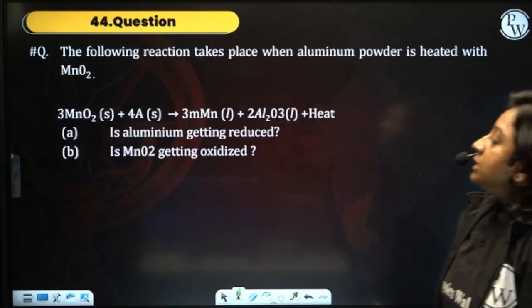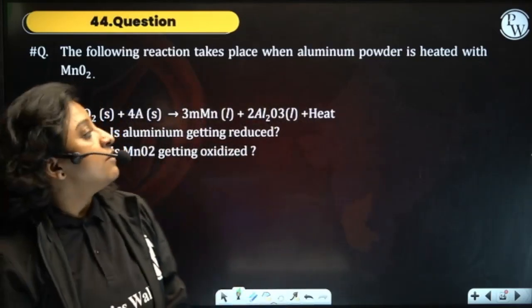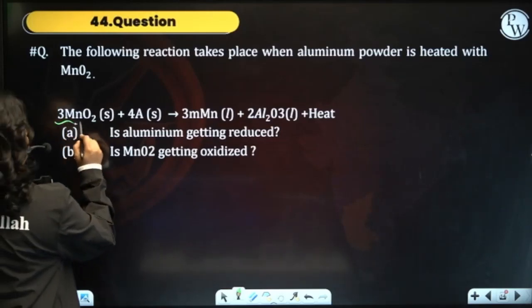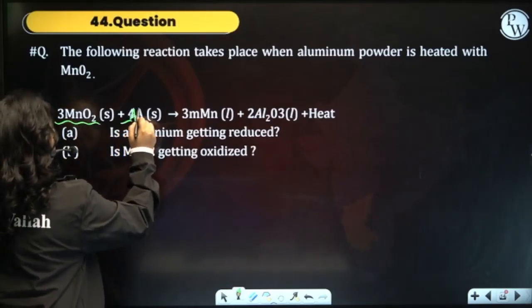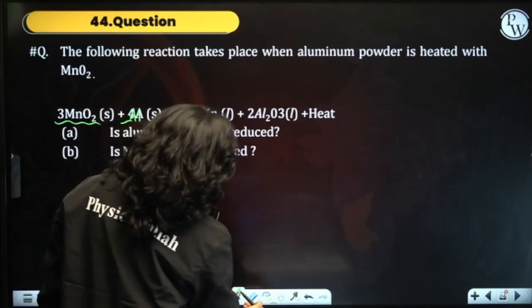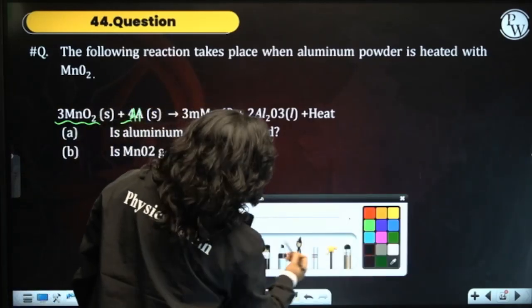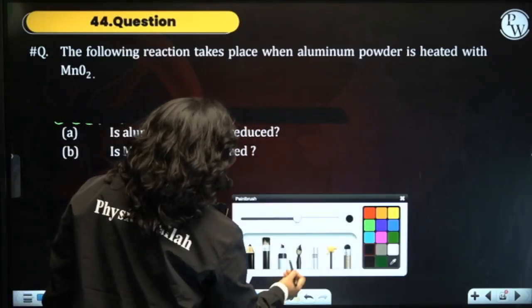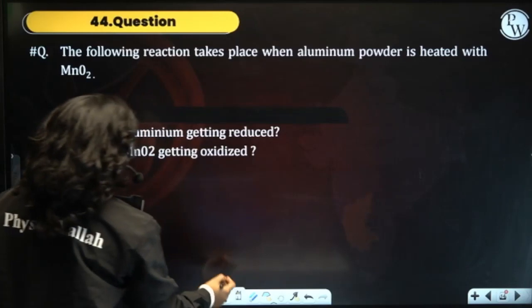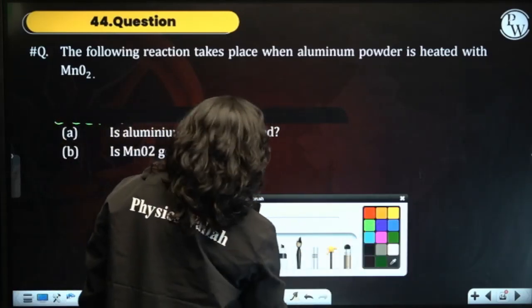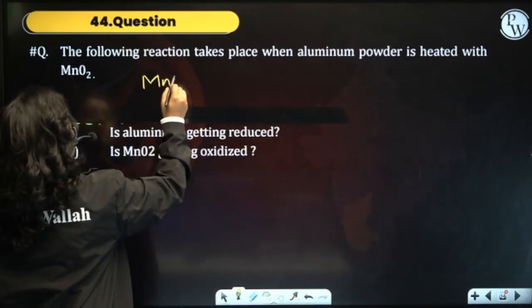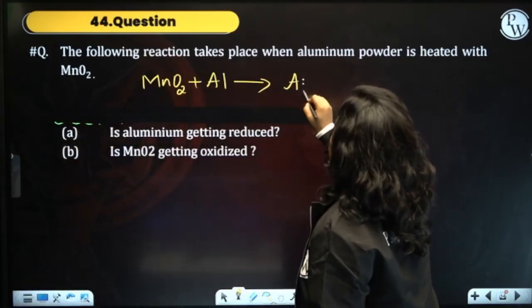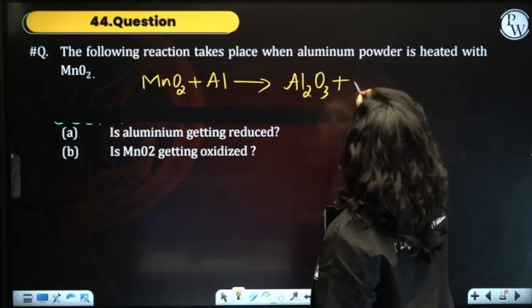Next question. The following reaction takes place when aluminium powder is heated with MnO2. MnO2 reacts with aluminium, forming Al2O3 plus Mn.